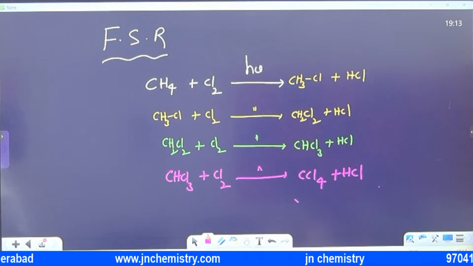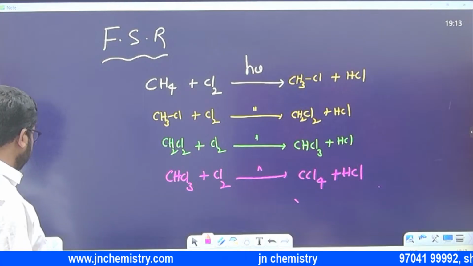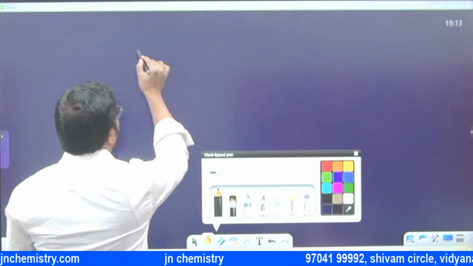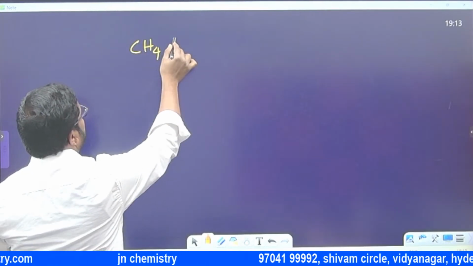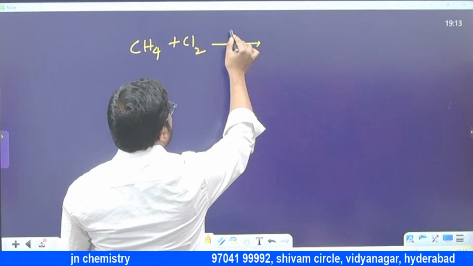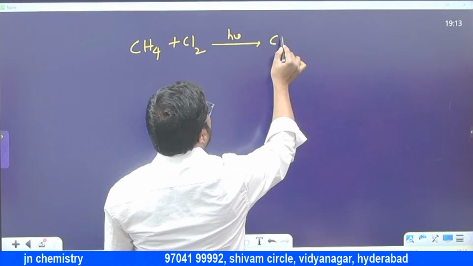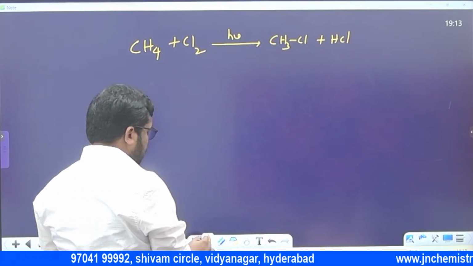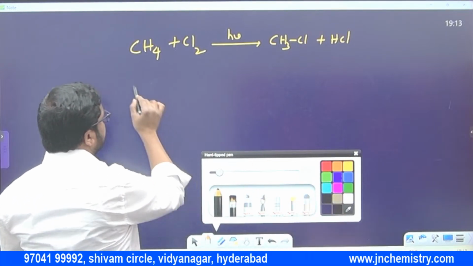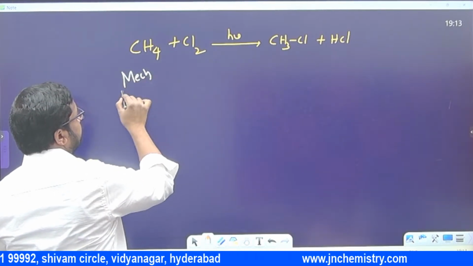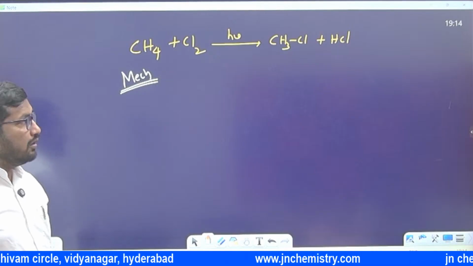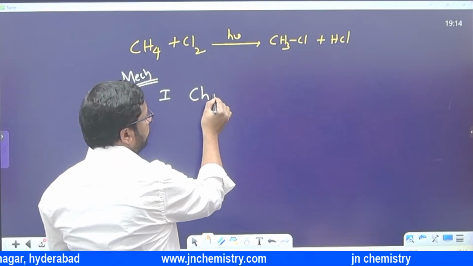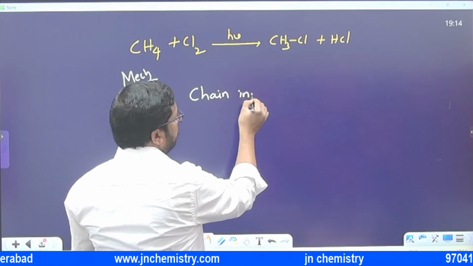Done? So mechanism is important here. The first reaction mechanism I am explaining here. For example, CH4 plus Cl2, sunlight, gives CH3Cl plus HCl. For this, I am just explaining the mechanism. First step, we could say chain initiation.